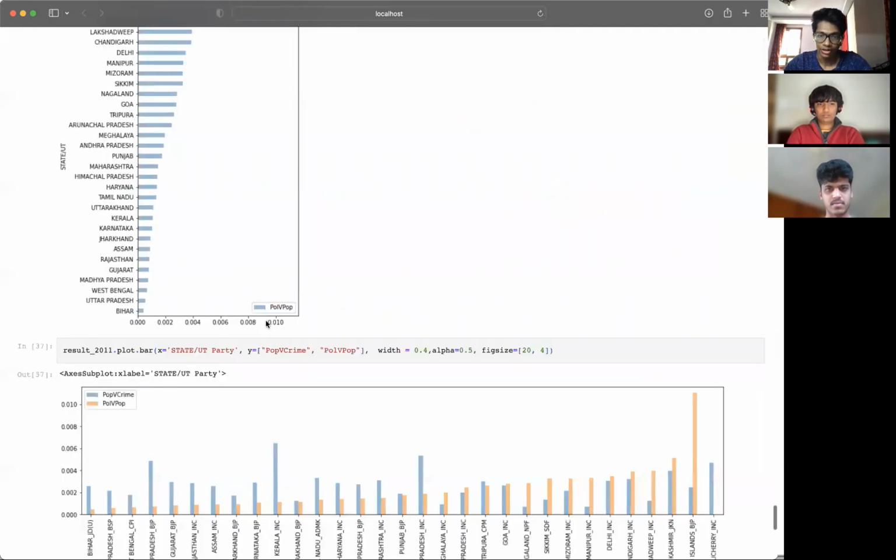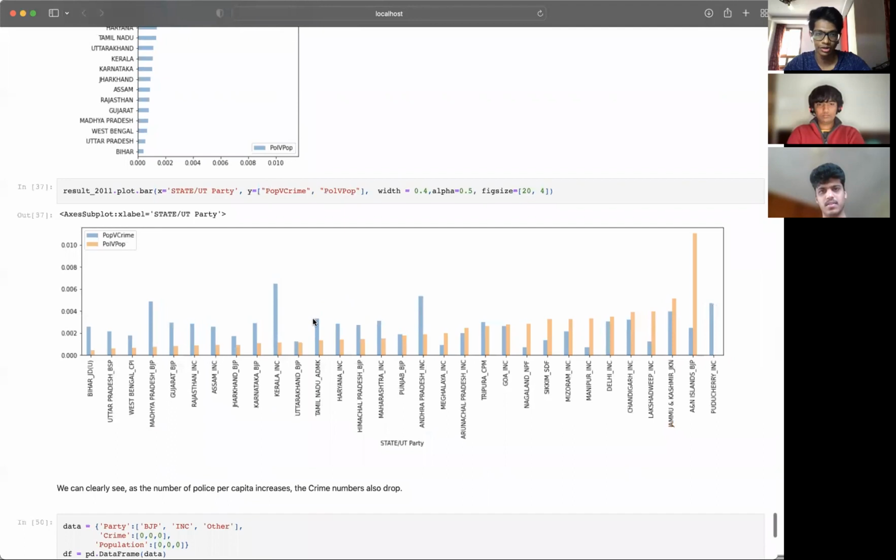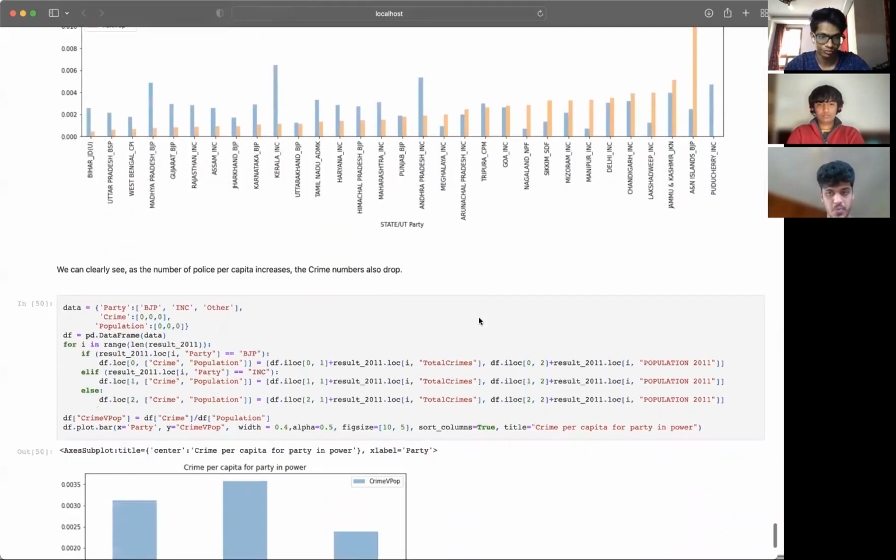This is a logical conclusion which we can make without the graph, I guess. Orange is police versus population and blue is population versus crime. As the strength of the police increases, the crime committed tends to be lower. It's not a linear relationship, but we can arrive at that conclusion looking at this graph.